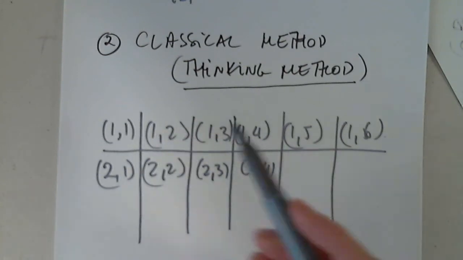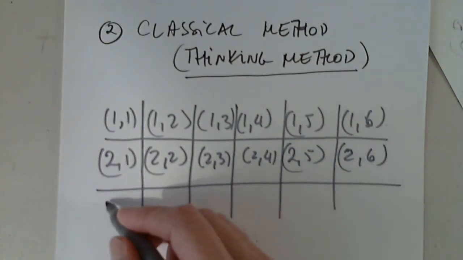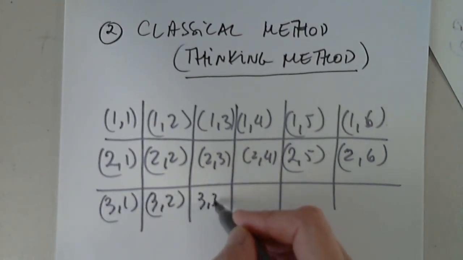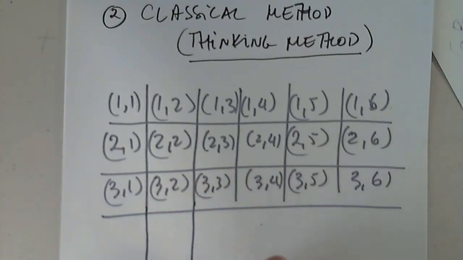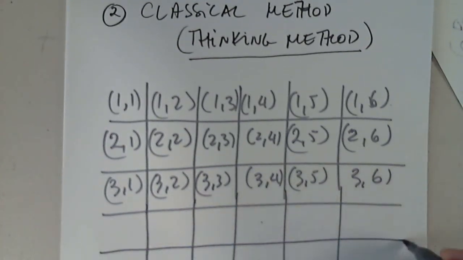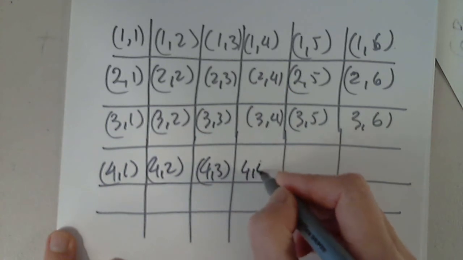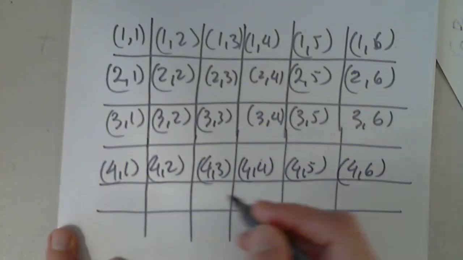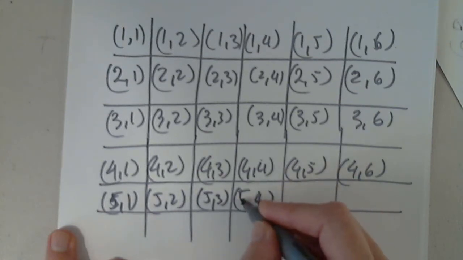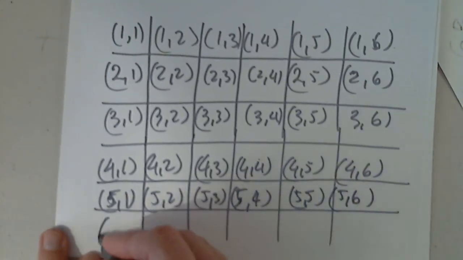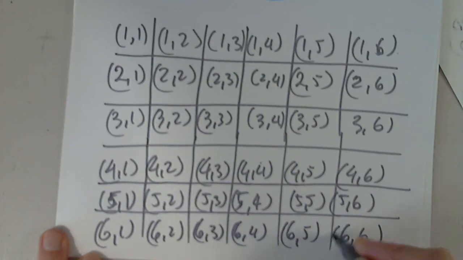First die gives a 1, the second one gives a 2, and so on and so forth. 2,5; 2,6; 3,1; 3,2; 3,3; 3,4; 3,5; 3,6; 4,1; 4,2; 4,3; 4,4; 4,5; 4,6; 5,1; 5,2; 5,3; 5,4; 5,5; 5,6; finally 6,1; 6,2; 6,3; 6,4; 6,5; and 6,6.